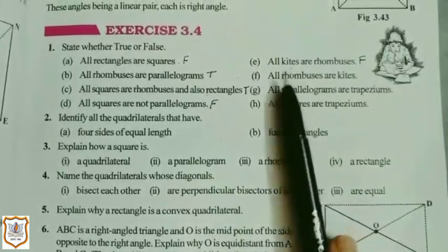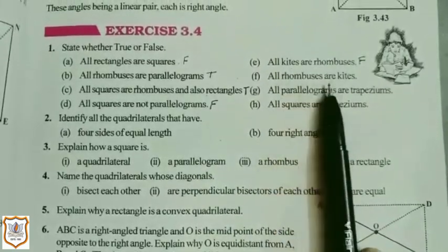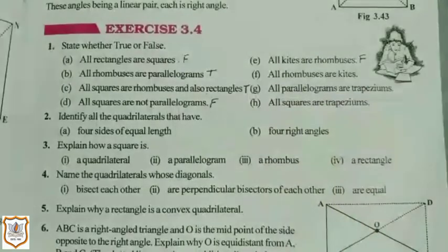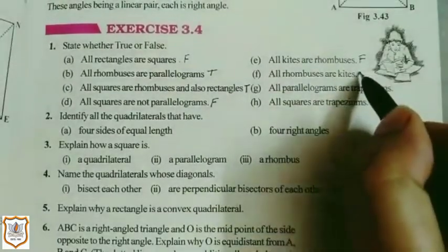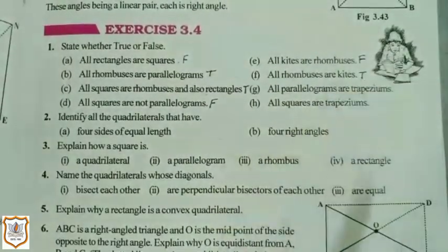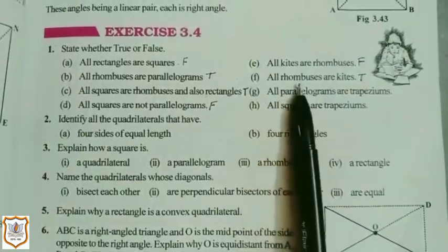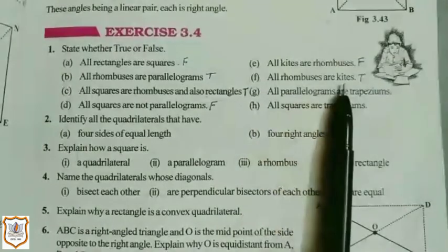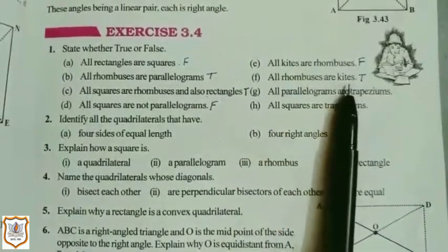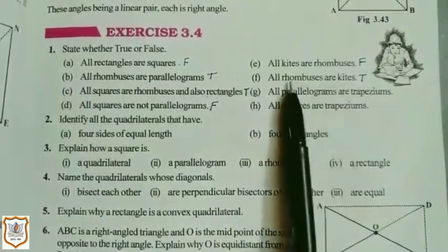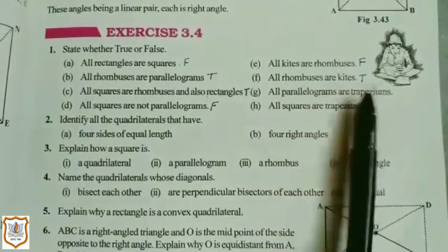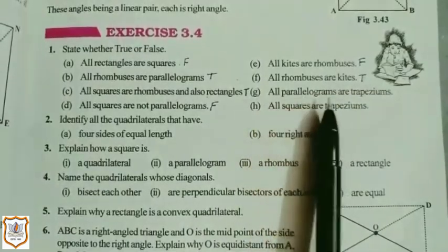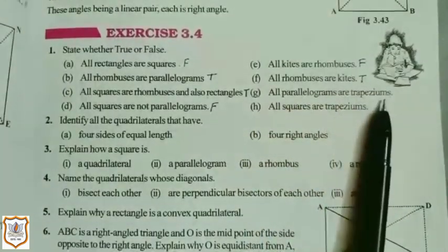Next, all rhombuses are kites. This is true. Clear? Because all sides are equal in rhombuses and in kites adjacent sides are equal. So this statement is true. All parallelograms are trapezium.